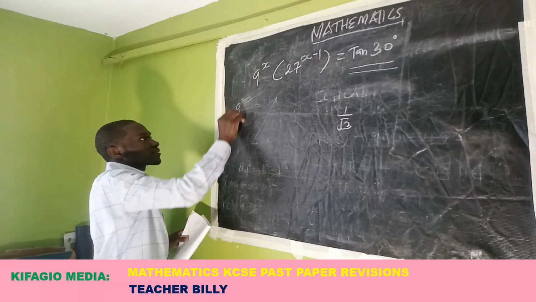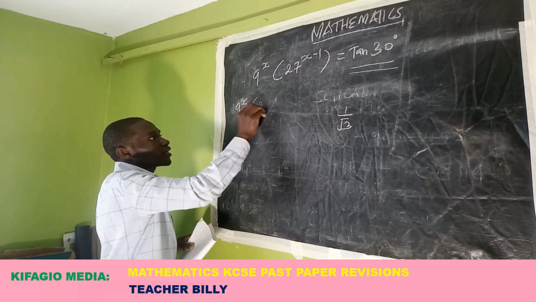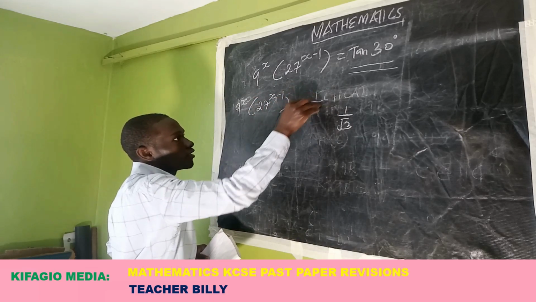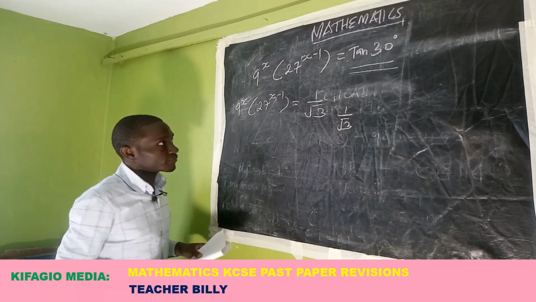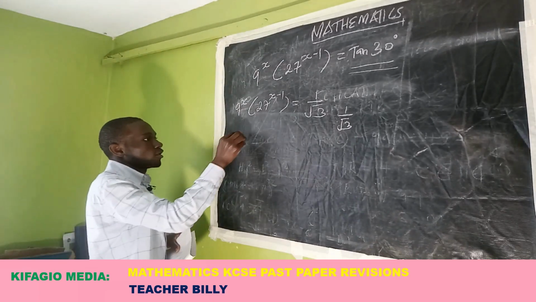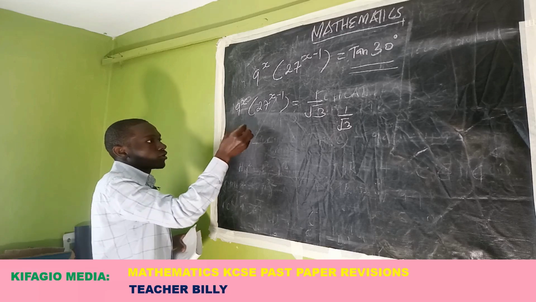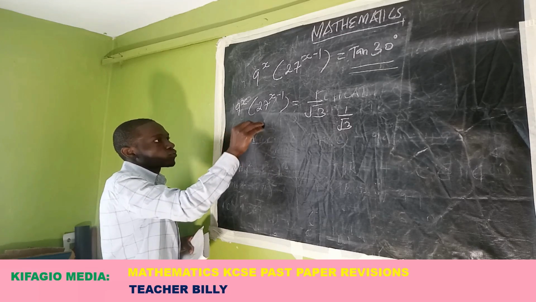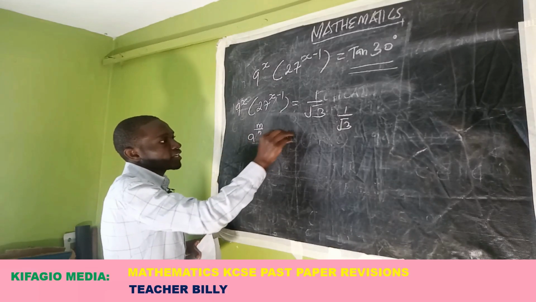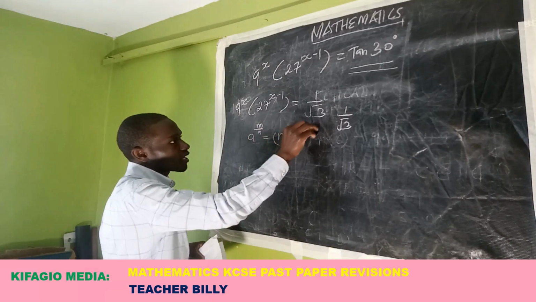So 9 power x into 27 power x minus 1 is equal to 1 over root 3. Now remember the laws of indices, that one of the laws was called the fractional law, which stated that if I have a number a raised to power m over n, it is equal to the nth root of a raised to power m.